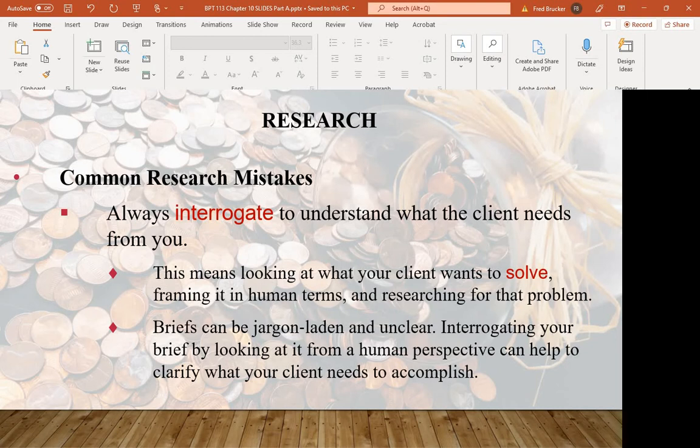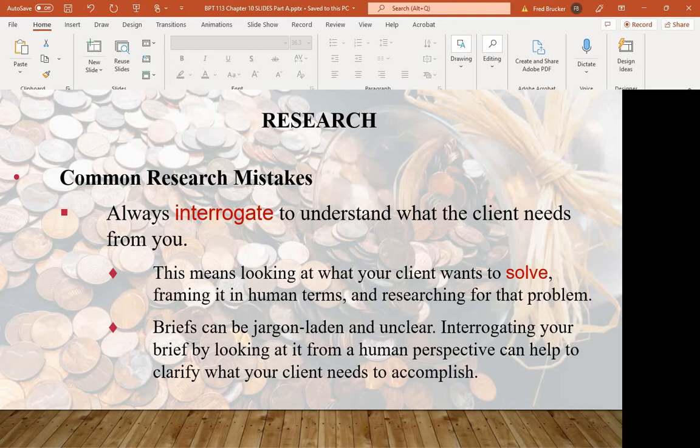You want to interrogate to understand what the client needs from you. This means looking at what your client wants to solve, framing it in human terms, and researching for that problem. Now, when you do this, you want to put your insights in such a way that you're making things easy to understand.